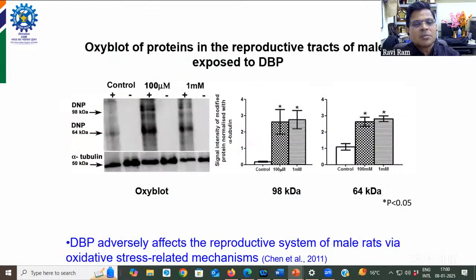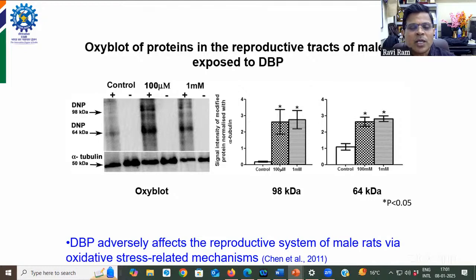In the Drosophila reproductive system, the method that we use to detect this is the oxyblot. This uses a chemical called dinitrophenyl hydrazine, and you treat the proteins with this dinitrophenyl hydrazine, and wherever there is oxidative modification, this DNPH gets converted into dinitrophenyl hydrazone, which is detected by a particular antibody called anti-DNP.